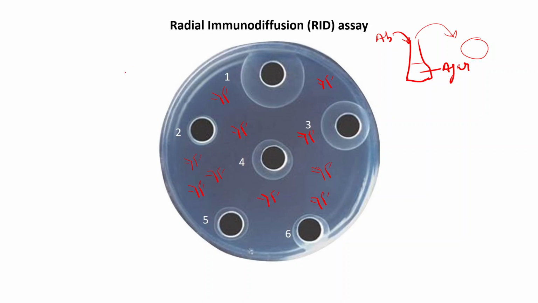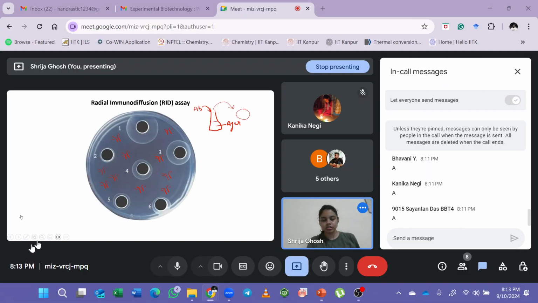Let's say I have an antigen, and I am making serial dilution of that antigen.